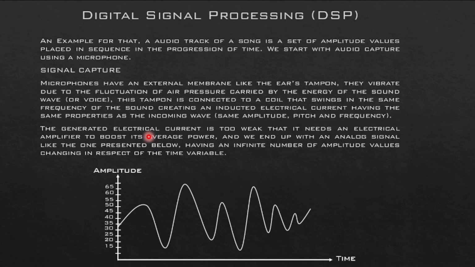The generated electrical current is too weak that it needs an electrical amplifier to boost its average power, and we end up with an analog signal, like the one presented below here, having an infinite number of amplitude values changing in respect of the time variable.